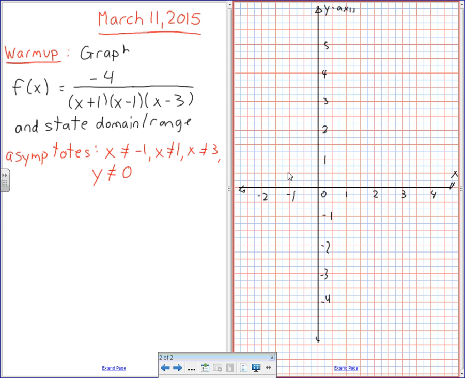Okay, can someone other than Liam tell me how I draw an asymptote on a graph? Go ahead, Kristen. Dotted line. Okay, and you should use a ruler too. I don't have a ruler with me up here.